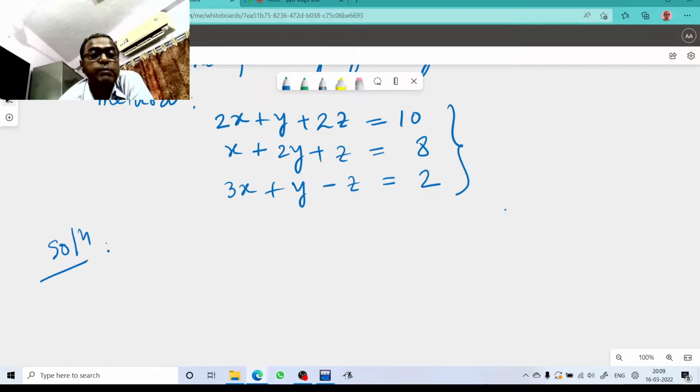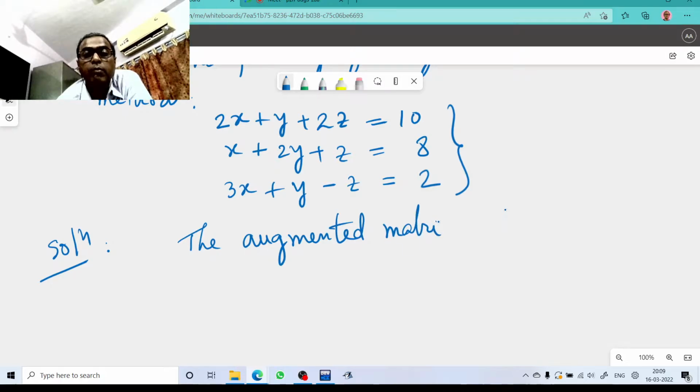Solution of the system: the augmented matrix is [A | b].